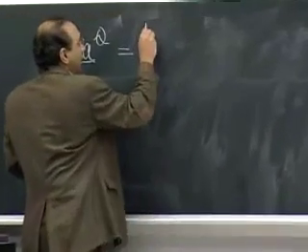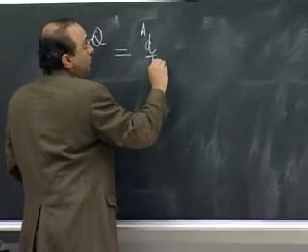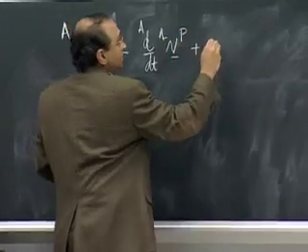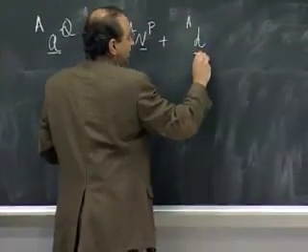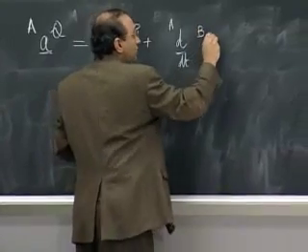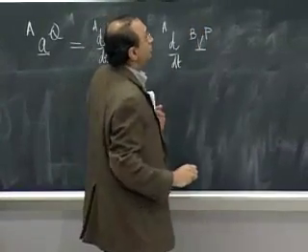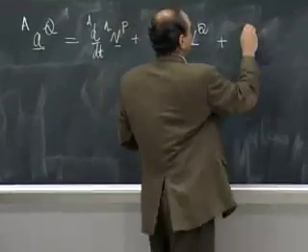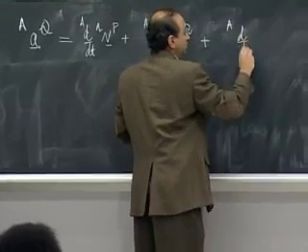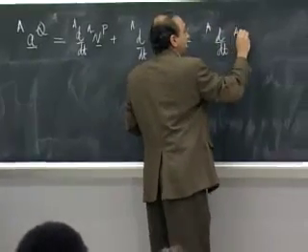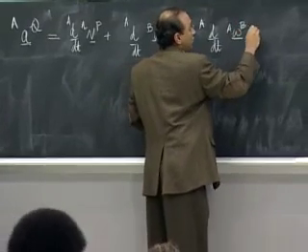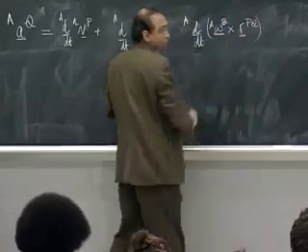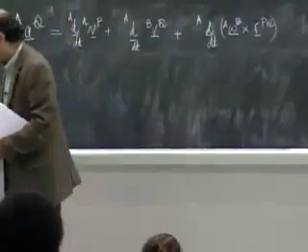That is equal to A d by dt of A VP, plus A d by dt of B VQ, plus A d by dt of A omega B cross RPQ. I just wrote it out again, boringly.